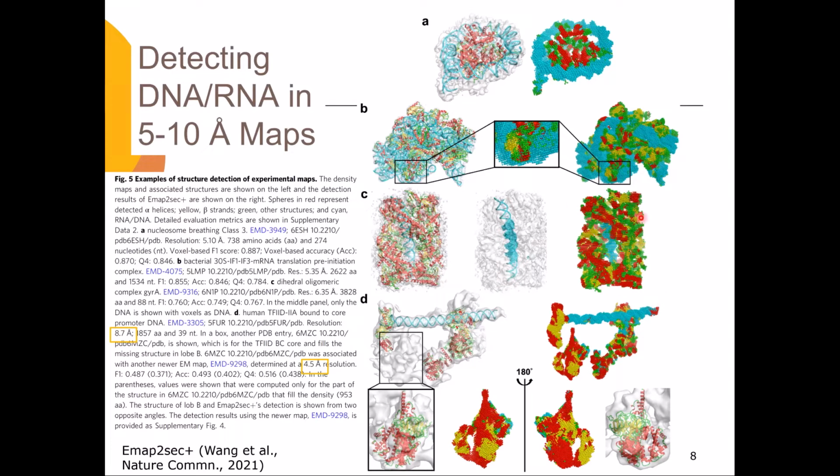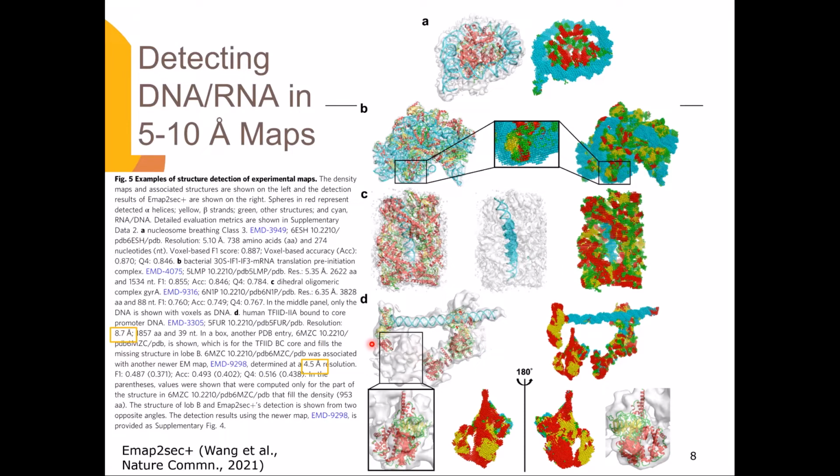Now this is the overall detection for this gyrase. As you can see in this case, you could even see the alpha helix cylinders very clearly. Now D is an interesting case. D is TFIID. At the very beginning, the map was determined at 8.7 angstrom, I think from Eva Nogales' lab. At this resolution, the authors did not fit the structure of this region because of the low density.